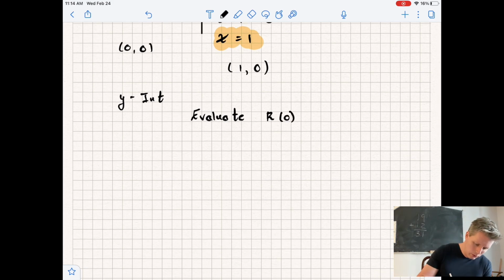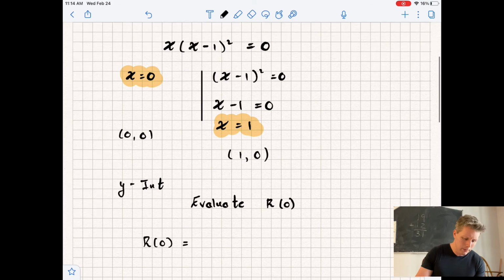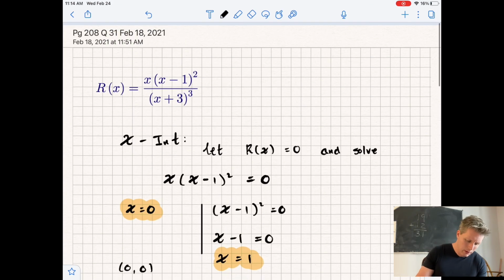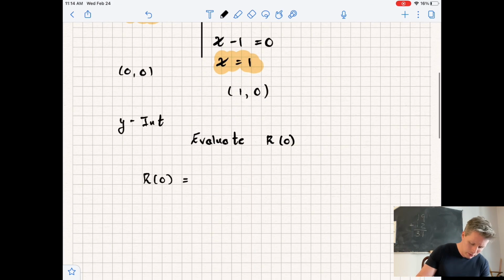All right, so r of 0 is equal to, just to remind myself of my function, 0 times (0 minus 1) squared all over (0 plus 3) cubed.